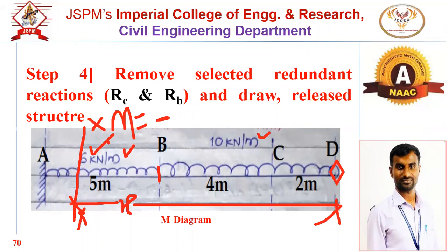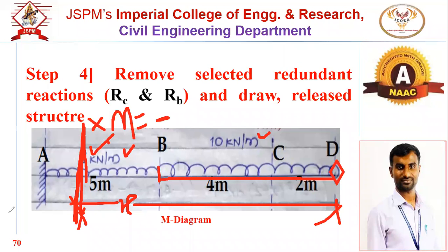Can anyone tell now? The total distance is x, and the moment of this UDL about this section line, how much will it be? Who will tell? Yes, anyone? 60.